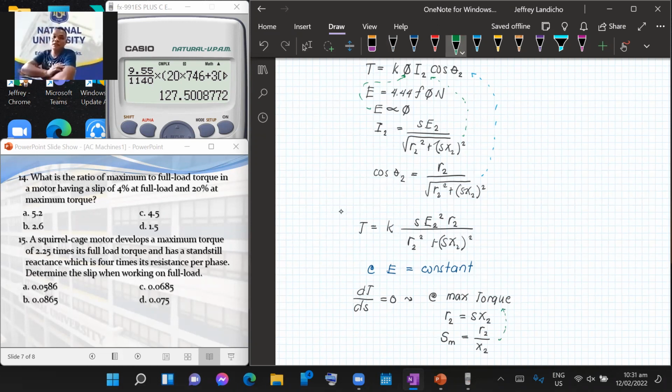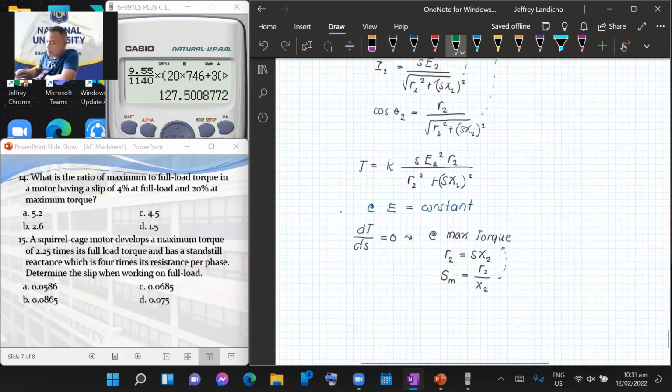If the torque is maximum, yan yung ating slip R2 over X2. So, anong gagawin natin? From this given equation, if E is constant, pwede ko siyang i-simplify, ano? If E is constant, itong E na to, ipasok natin dito kasi constant. Constant times the constant is still a constant. Eh, alam naman natin, itong R2, that is also a constant.